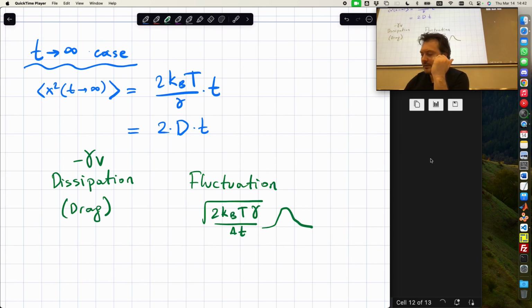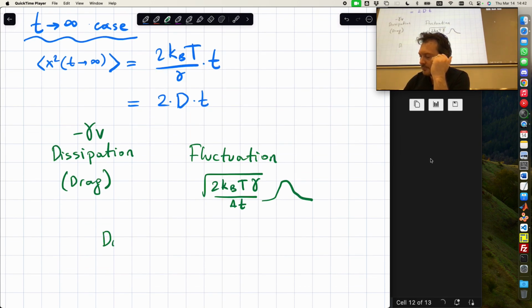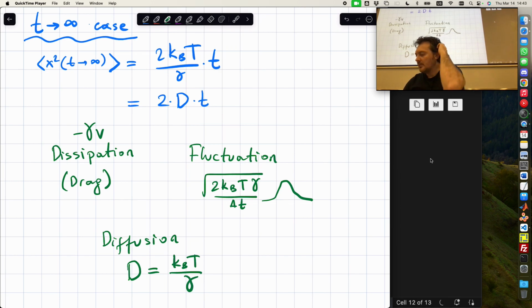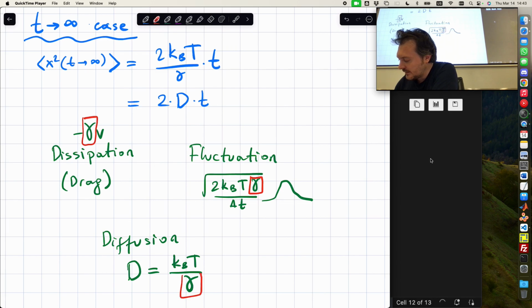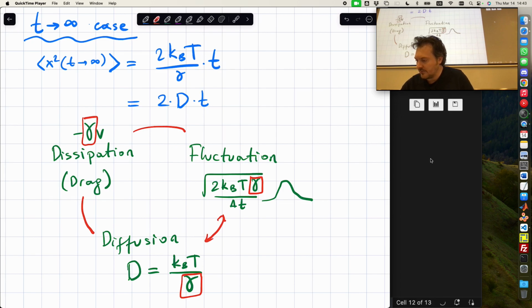And finally diffusion, which is D equals kBT over gamma. My point here is that this microscopic friction gamma appears in each one of them. It's telling you that those microscopic interactions, those kicks, are responsible for all these things, and they are all related to each other.